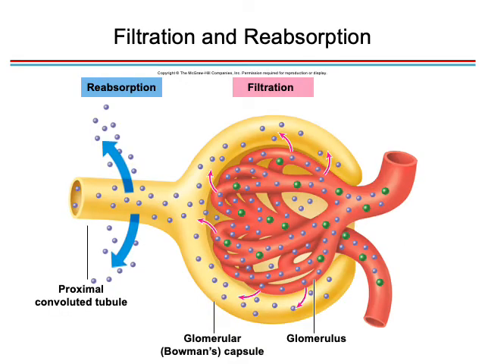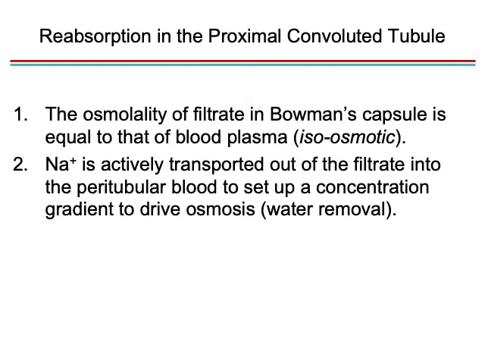Okay, so again, this is just showing you the initial filtration within Bowman's capsule and the reabsorption of most of the material in the proximal convoluted tubule. Reabsorption occurs with a couple of interesting processes.